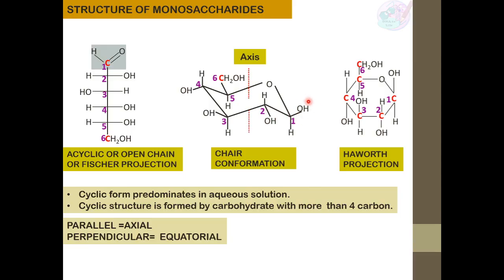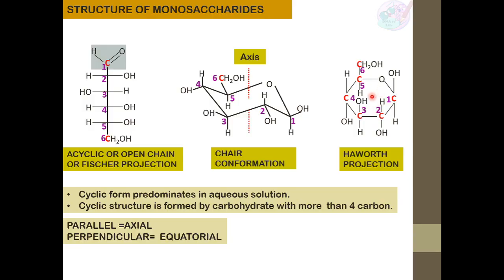When you look at this structure, all these heavy groups like OH, OH, OH, OH and CH2OH are in their equatorial position. So this is the most stable structure of glucose because these groups have less steric hindrance with each other. This is the Haworth projection. Here we use the Haworth projection to draw the cyclic structure of the sugar.